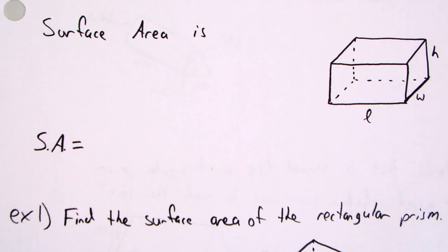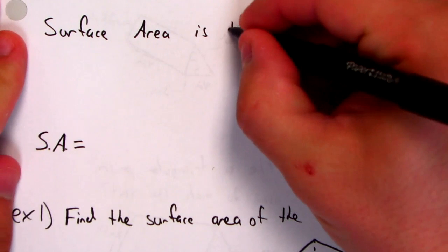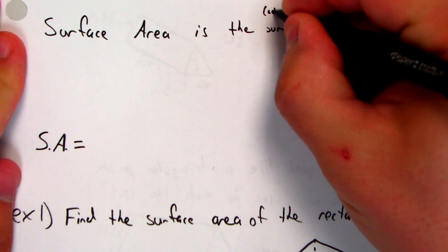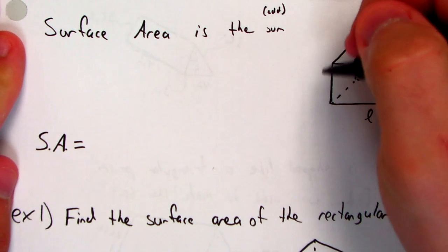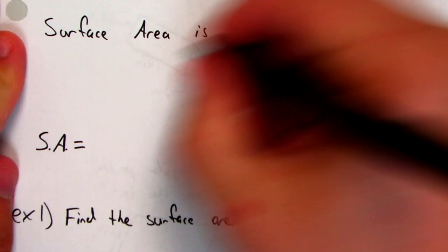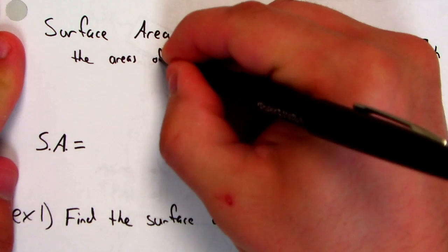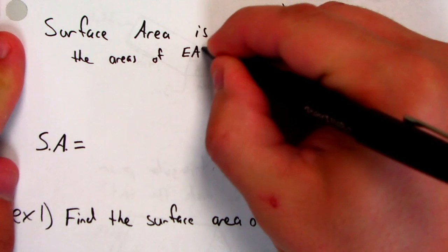So surface area, first of all, is going to be the sum, or when we add, of the areas of each, and this is important, each face.